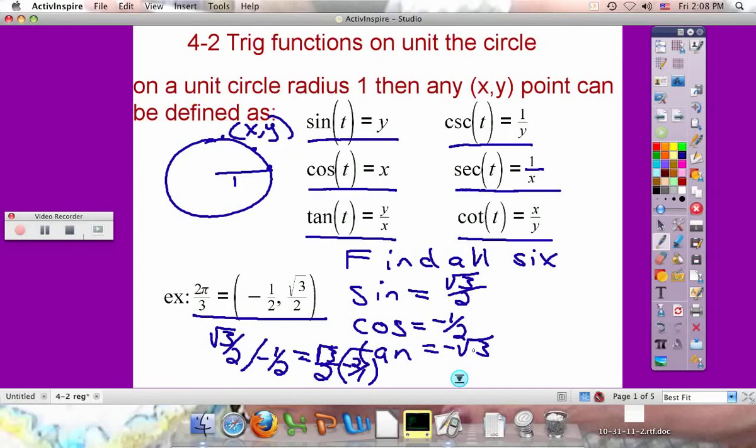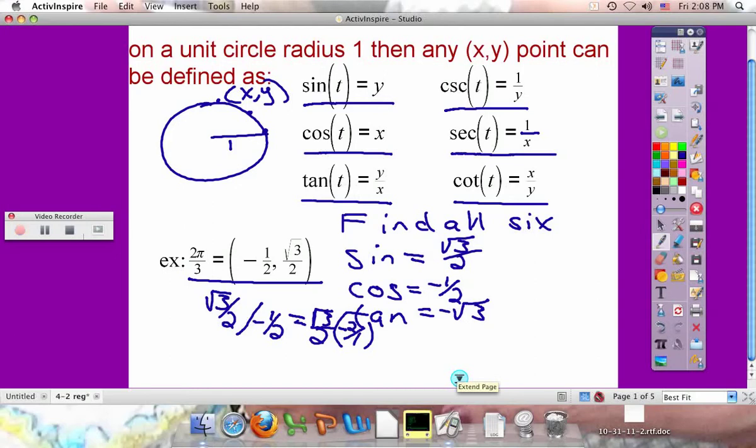Now, if you have the originals, you also have their reciprocals. The reciprocal of sine, cosecant, CSC, equals, flip it, 2 over square root 3, which turns into 2 square root 3 over 3.